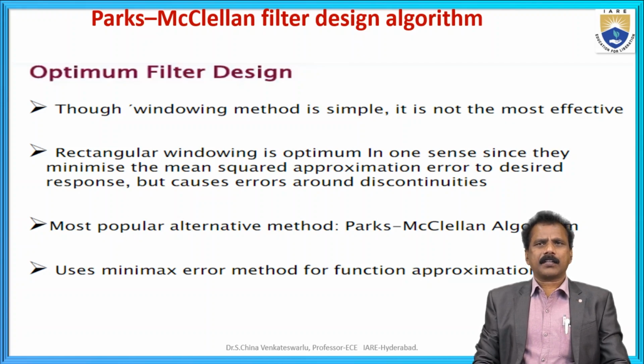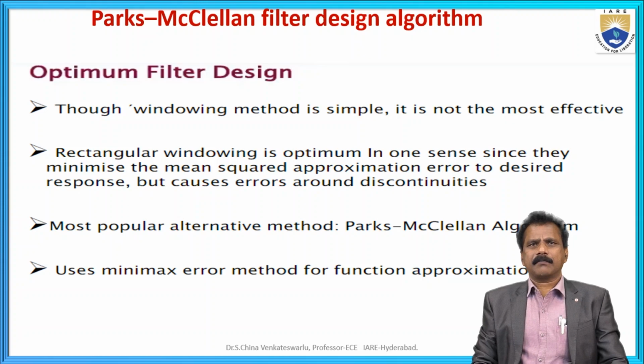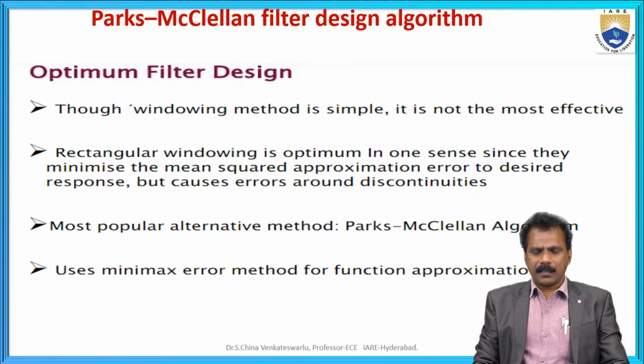If you are using the rectangular window, it is optimum in one sense, since it minimizes the mean square approximation error to the desired response, but it causes errors around discontinuities. So we can consider this one disadvantage.